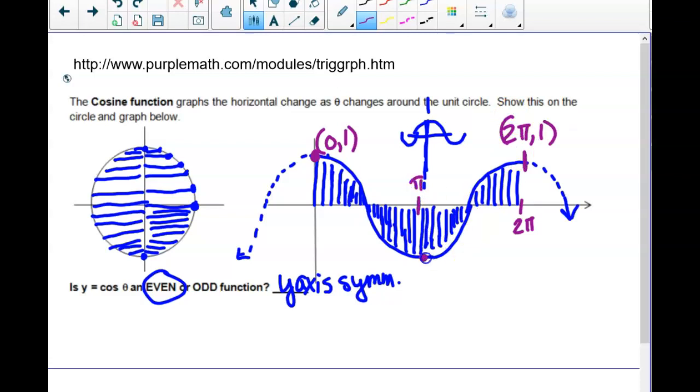It's pi, but can anybody give me the ordered pair? Pi, -1. And halfway in between 0 and pi is pi over 2, 0. And over here is 3 pi over 2. Okay, so they're exactly the same graph, except one is shifted a little bit from the other, okay?